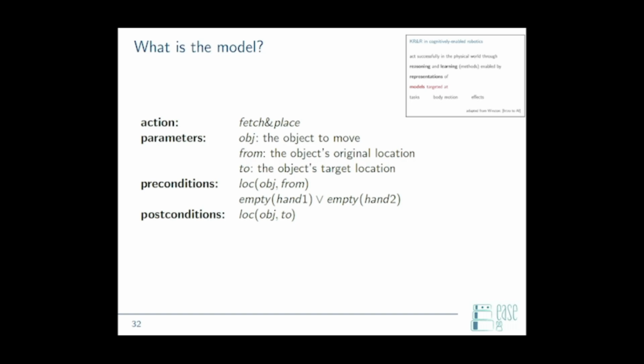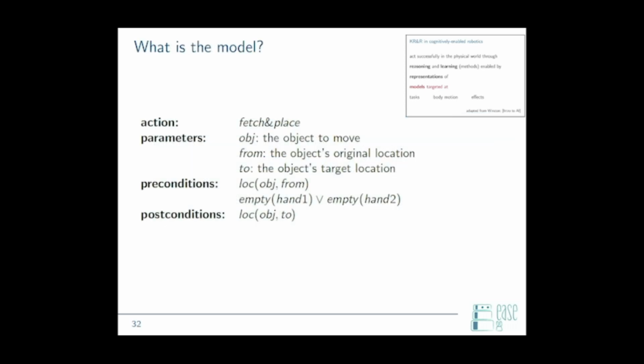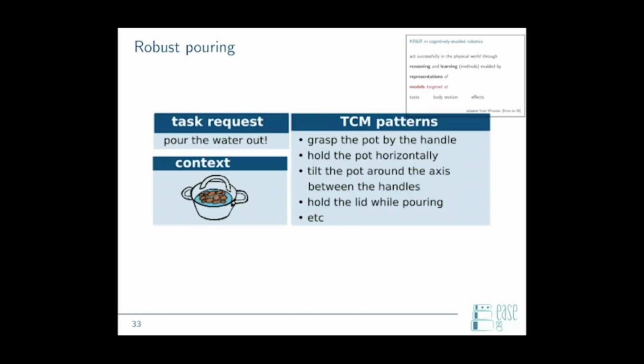If we look at that, it turns out that we have a very abstract representation of actions, which says what actions do, but this specification does not tell us how actions are executed. And if we look at this from a robotics perspective, this is a very big limitation, right?